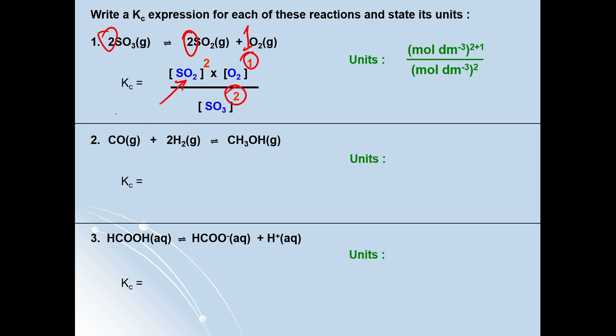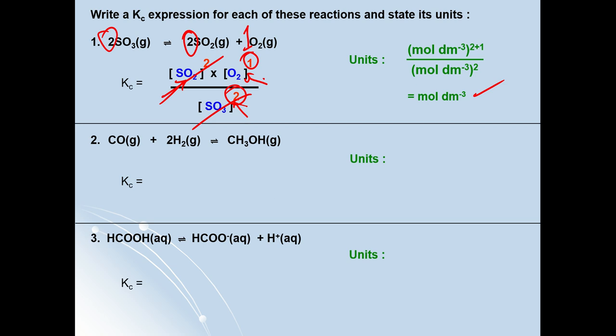Remember, that's the units of concentration, so we have moles per dm cubed squared here on the bottom, and we have moles per dm cubed to the power of 1 there, and on the bottom line we have moles per dm cubed squared. So you'll cancel the moles per dm cubed squared on the top line and on the bottom line, and then you will end up with moles per dm to the minus 3 over 1 on the top line, which is of course as so.